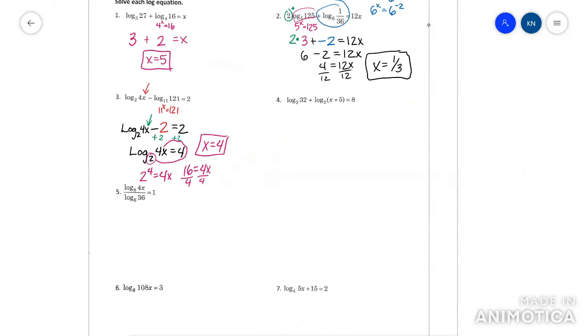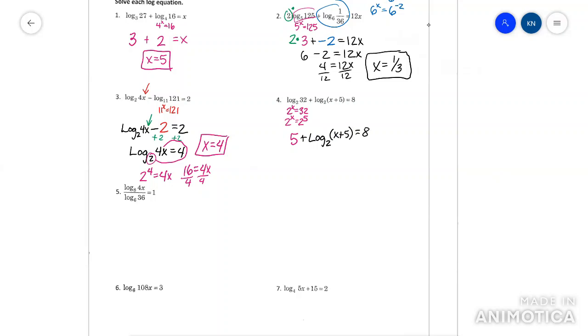All right, so like look at this next one. I'm not going to be evaluating this log base 2 of x plus 5. I can't. So I'm going to evaluate this one though. This is like 2 to what power makes 32? Well, 32 is 2 to the 5th. So this one has a value of 5. So you really have like 5 plus log base 2 of x plus 5 equals 8.